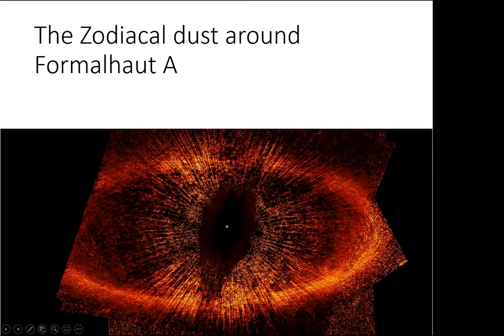Fomalhaut A. Now, a few years ago, back in 2004, 2005, they spotted a lump of this moving around together, which was identified as a planet going around, or a protoplanet going around the star, and tracked its movement through this disk as it was accumulating material.